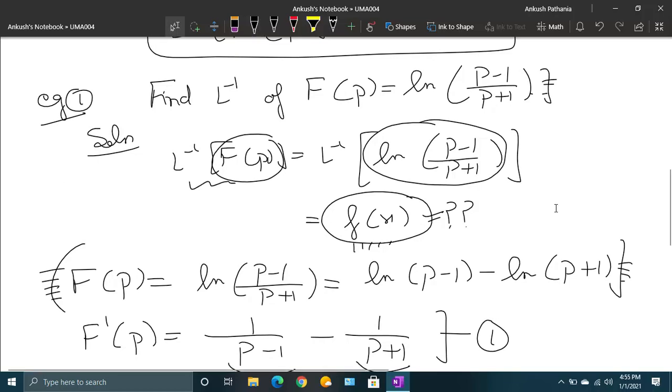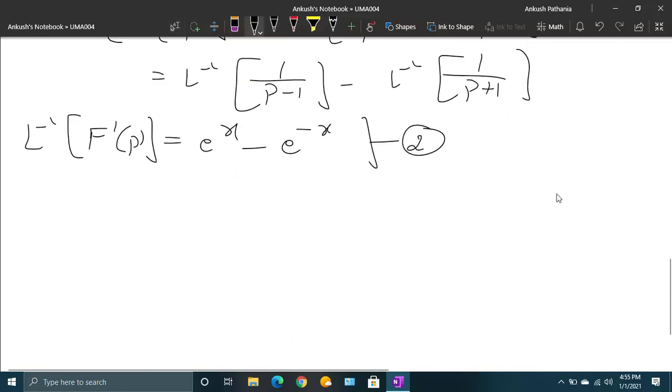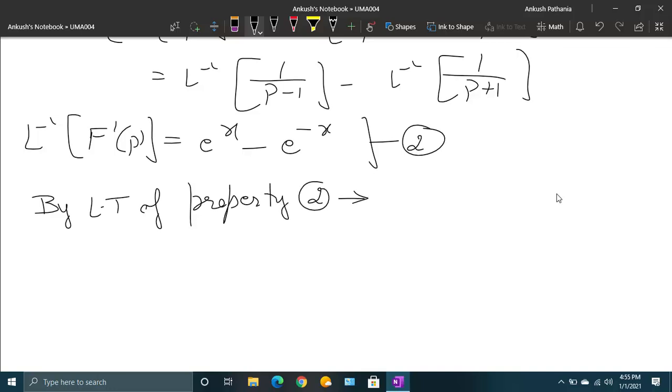So now by the second property, by the inverse Laplace transform of property 2, as we did earlier, Laplace inverse of F'(p) is equal to minus x f(x).